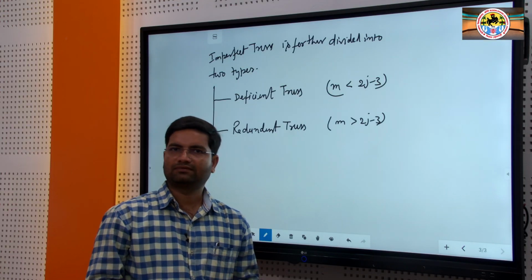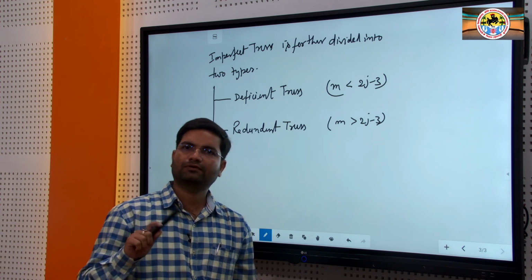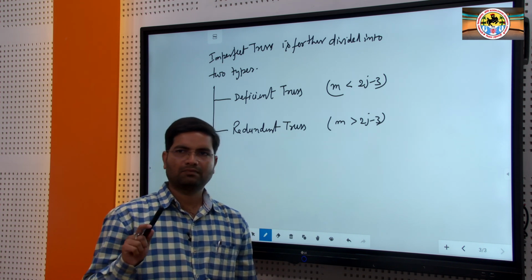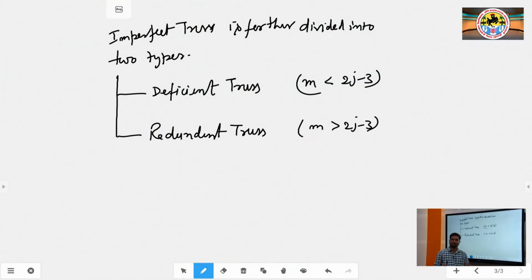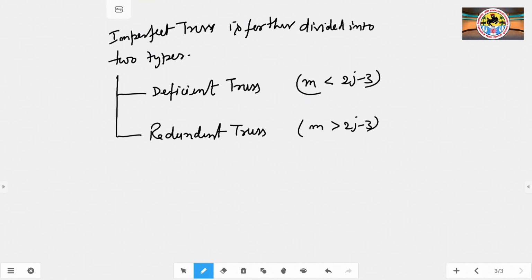If we see, there are a number of metal members, and by adding those members we have made a big structure, and that is used as a road or a path. Or take an example of the Eiffel Tower, situated in Paris. That is also an example of a truss, is it?